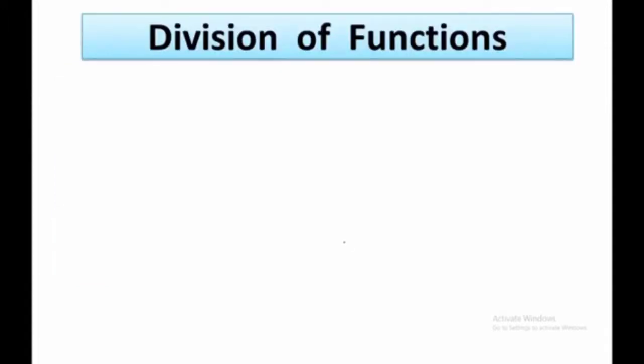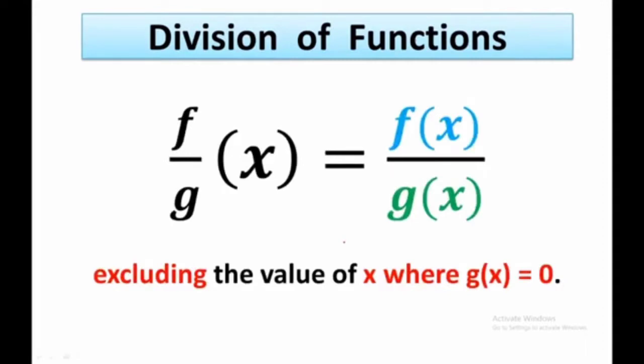Okay, now let's proceed to the division of functions. So we have here the f and g functions. So how are we going to get the quotient? So their quotient, denoted by f divided by g, is the function denoted by f over g of x, is equal to f of x divided by g of x.